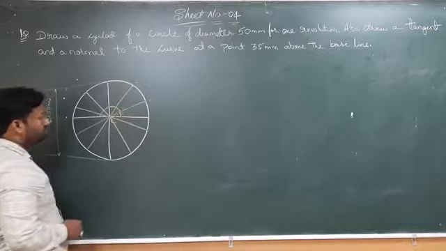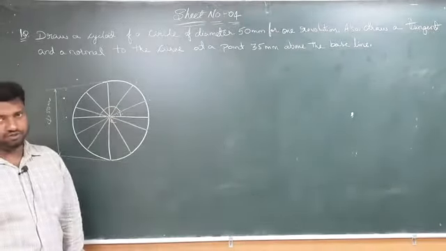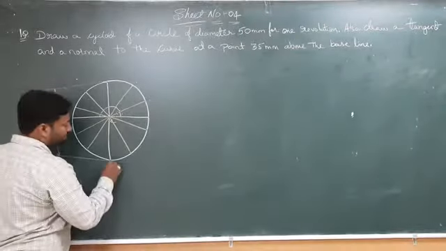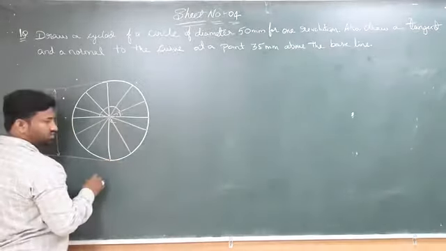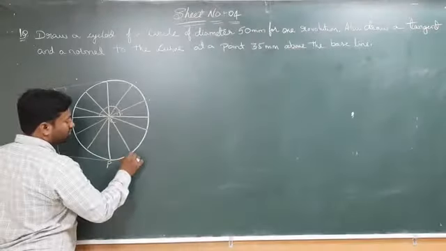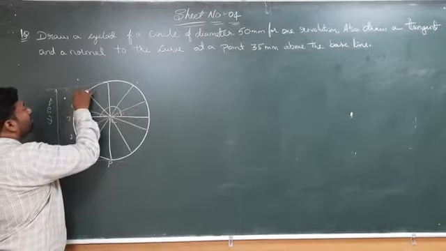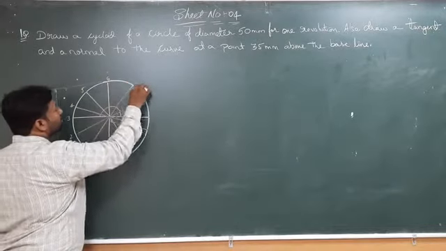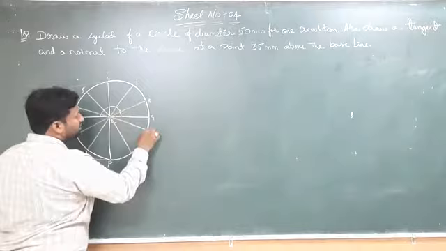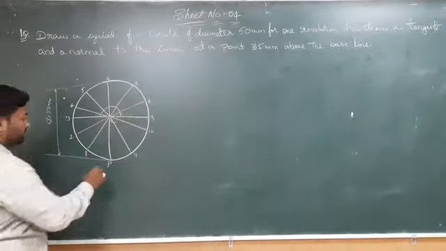So like that, we get 12 equal divisions. This is the base point P, and we will call it 0 also. Then we take 1, 2, 3, 4, 5, 6, 7, 8, 9, 10, 11 and the point P, which is our 12.